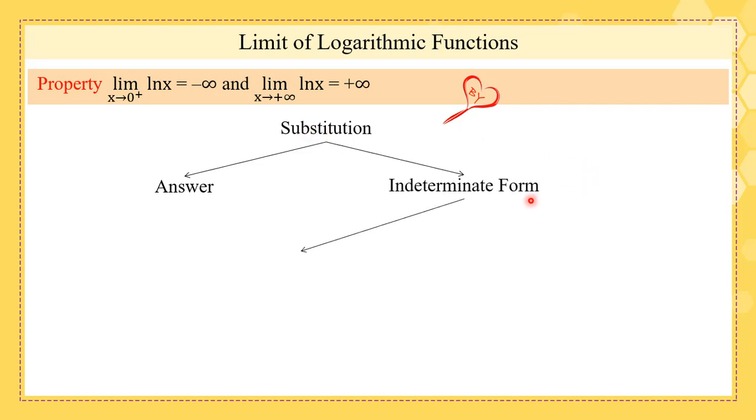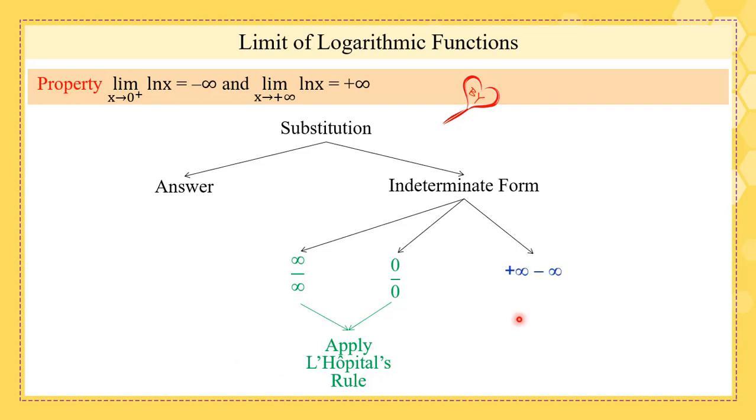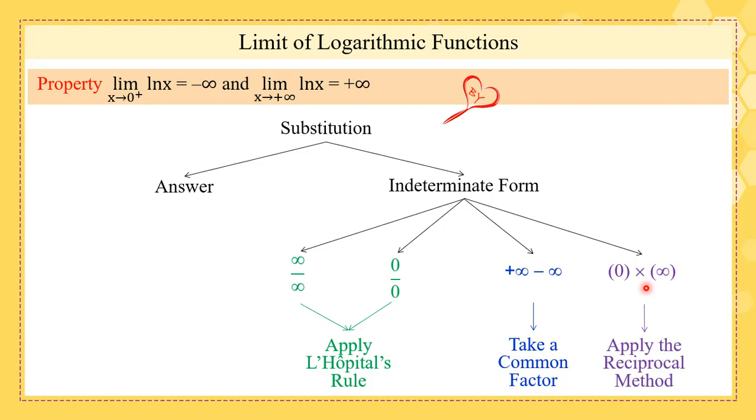If we get infinity over infinity or 0 over 0, these two cases are solved using L'Hopital's rule. If we get plus infinity minus infinity, we take a common factor. And if we get 0 times infinity, we use the reciprocal. Let's see what we mean by this chart.